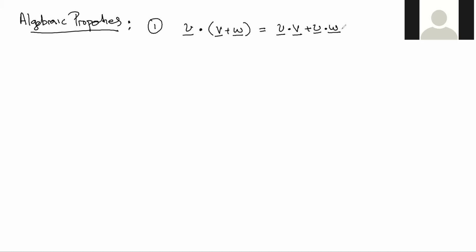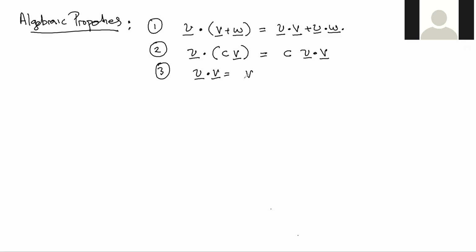These are really easy to check, so I won't do proofs. The second is u dot a scalar multiple of a vector is just that scalar multiple times the dot product. And then the third property, which is also obvious, is that u dot v is the same as v dot u. Okay, so these are some fairly trivial algebraic properties.